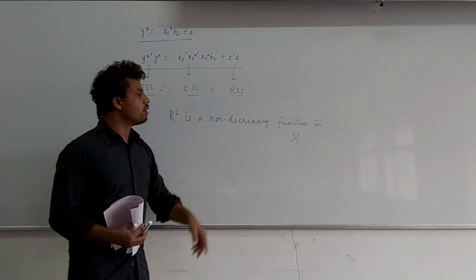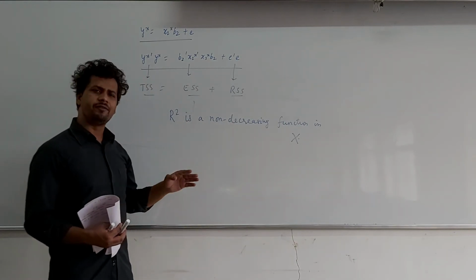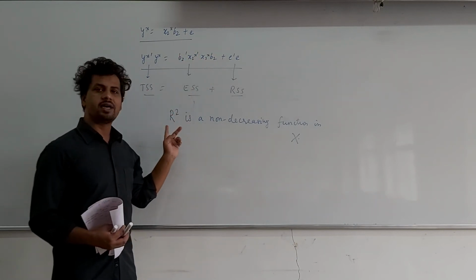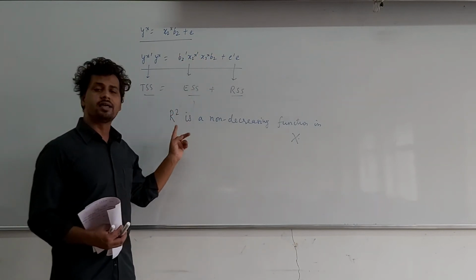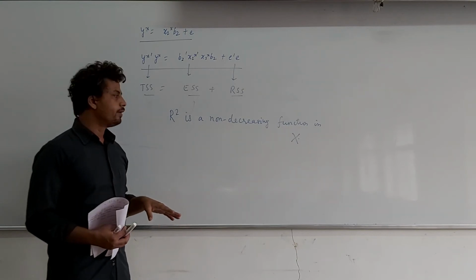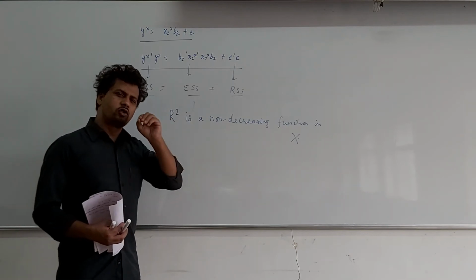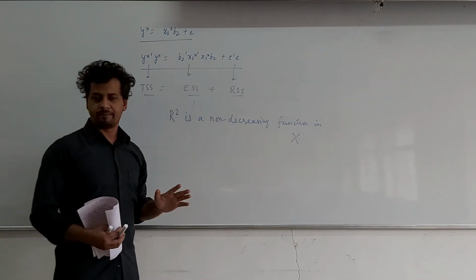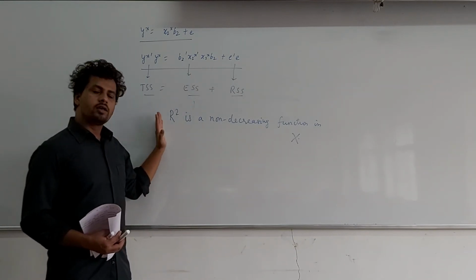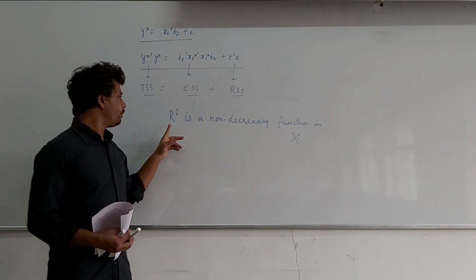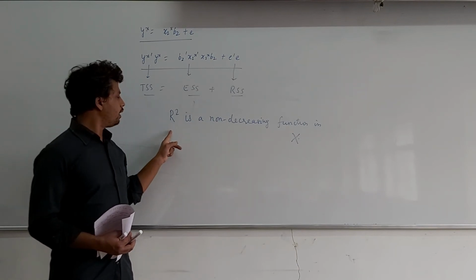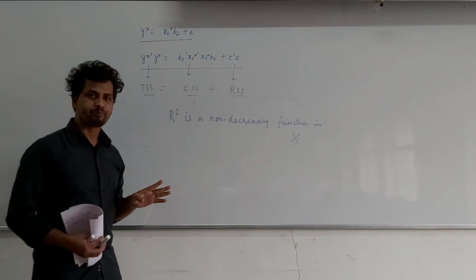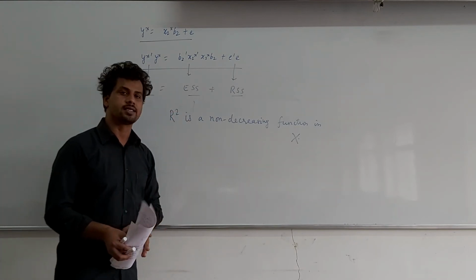So R square is a non-decreasing function in x, meaning even if you keep on including irrelevant variables in the model, your R square does not decrease at all. So अगर थोड़ा सा भी partial correlation effect है on y पे तो आपका R square बढ़ते जाएगा. So in order to counter this effect, we use another function which is called adjusted R square. Now let us understand what is adjusted R square.